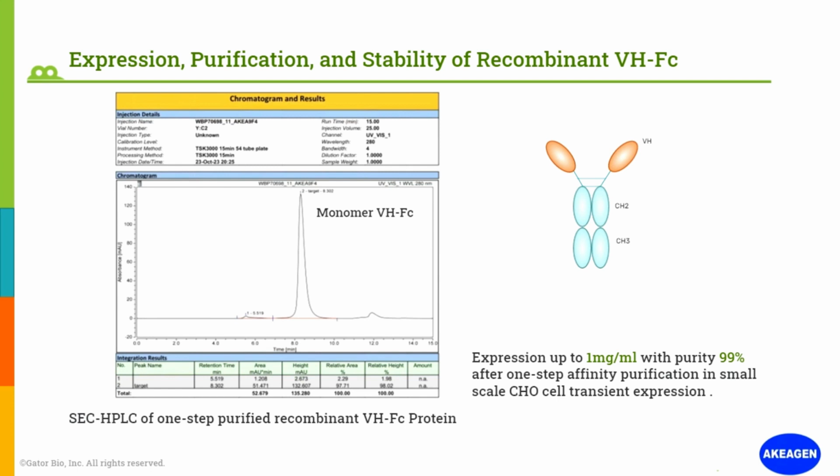After one-step affinity purification, we can get very high purity. With HPLC analysis, we can see that above 95% of the VH genes show monomer. So it means those mouse VH genes or mouse single domain antibodies are very stable.